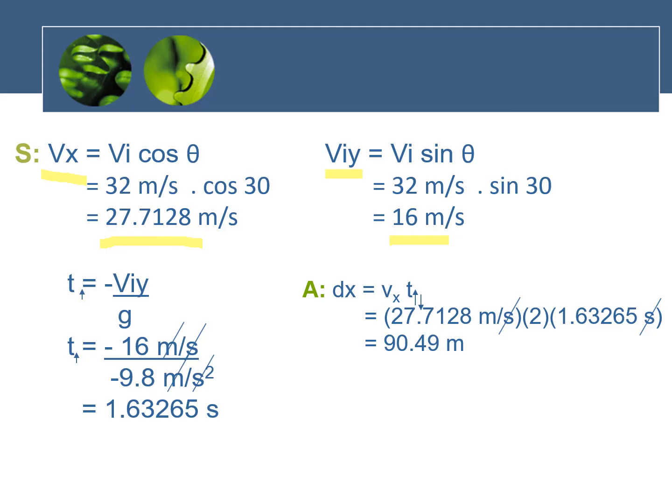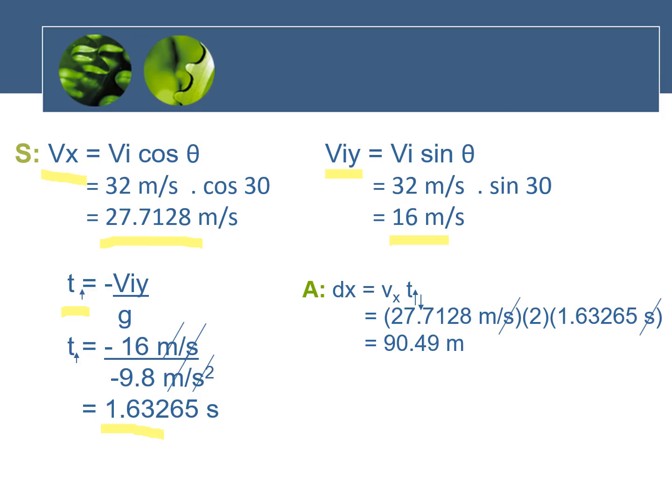You can use the equation T up is equal to negative Viy, or initial vertical velocity, over g. Substituting the given quantities, we can solve for the T up, which is 1.63265 seconds.